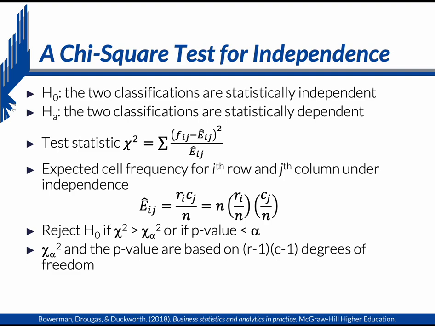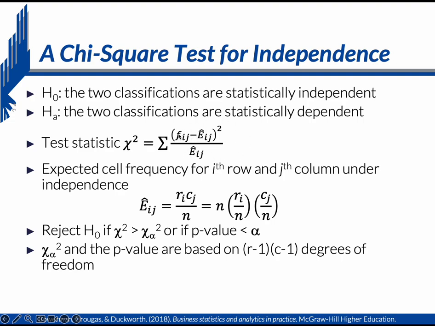Now, the test statistic for this hypothesis test is still a chi-square test statistic, which is computed using this formula. This is very similar to the formula of the chi-square goodness of fit test for multinomial probabilities. We take the summation over all the intersections being compared, and for each intersection, we compute this value.